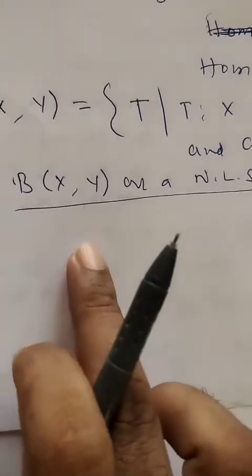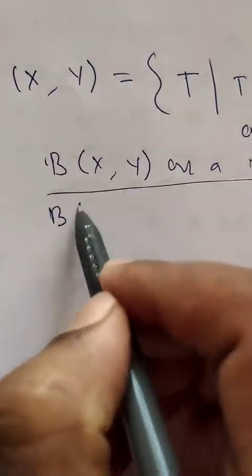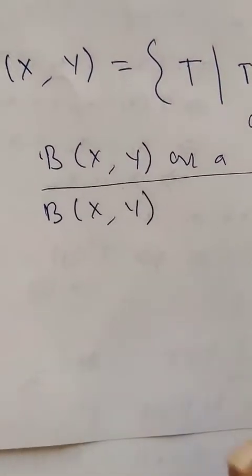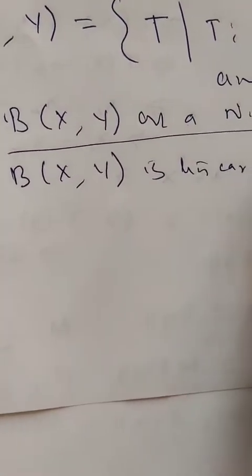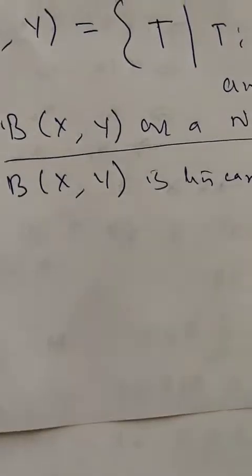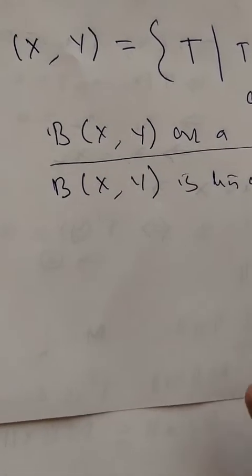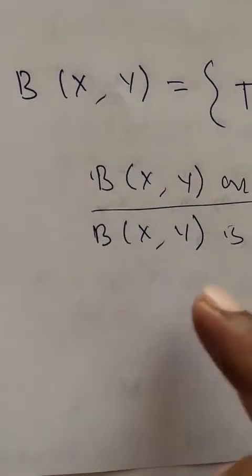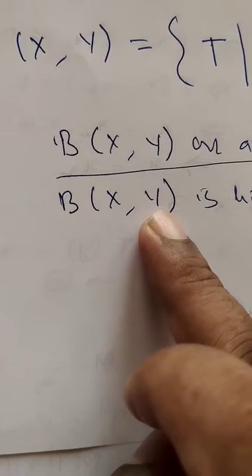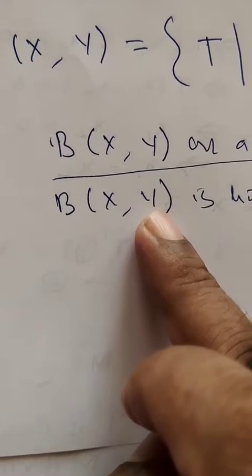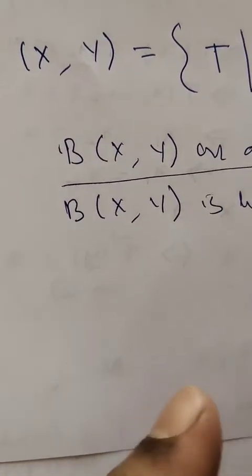First, is B(X,Y) a linear space? A normed linear space means it must be a linear space. Yes, B(X,Y) is a linear space. Why? Because B(X,Y) is nothing but only bounded; the additional condition is the boundedness. Linearity is already there.